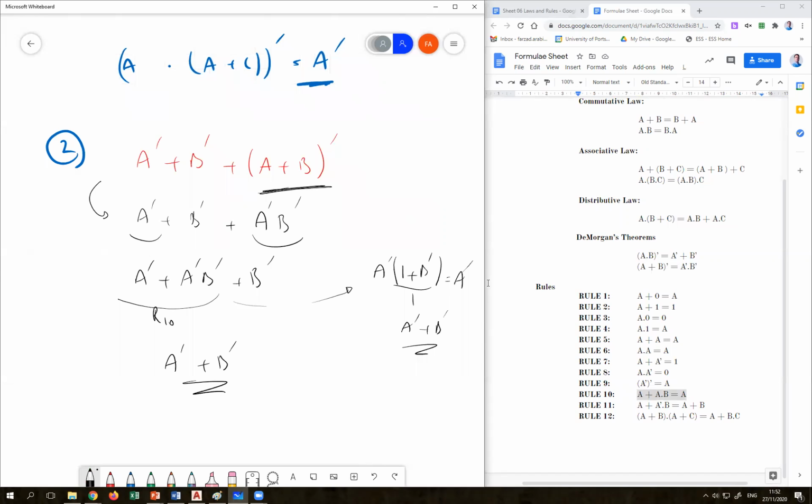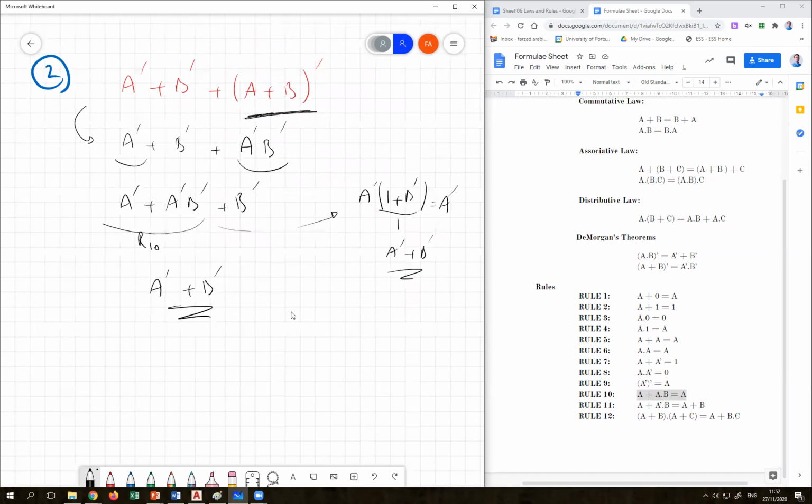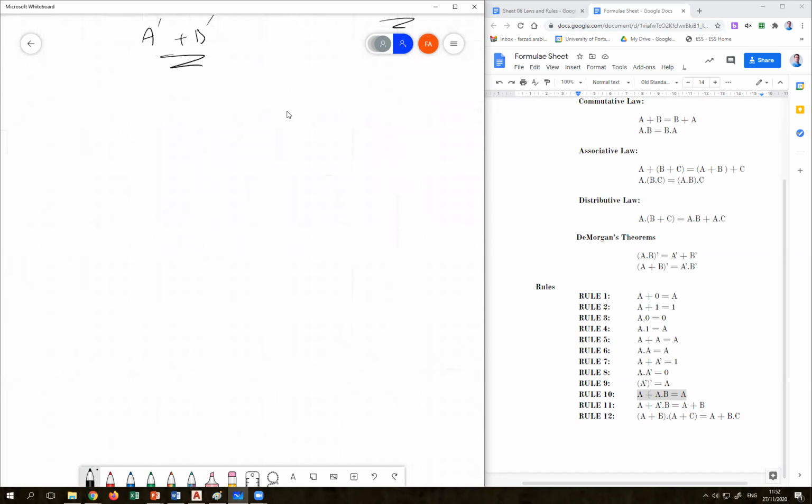My last example is number 3, which is (A B naught) naught plus (A naught plus A B) naught, all of them not. So this is a good example. Whenever I see the bracket, (A B) naught, there you go, guys. This is another rule.